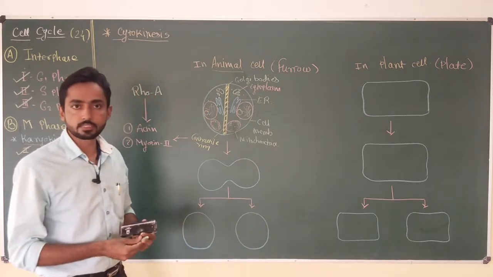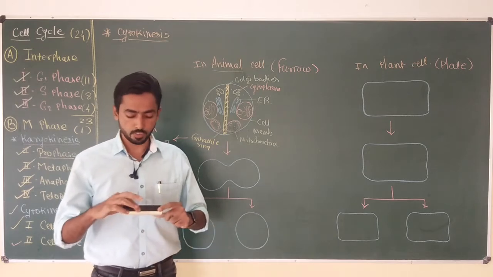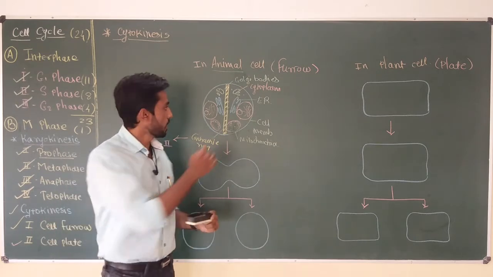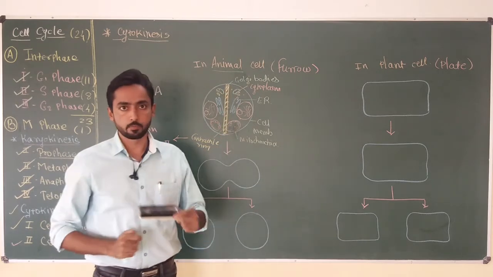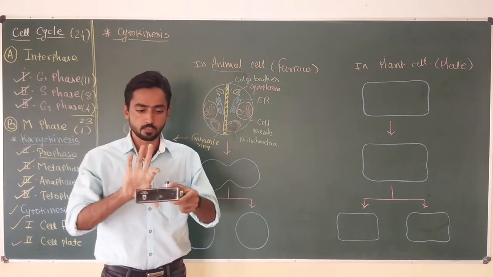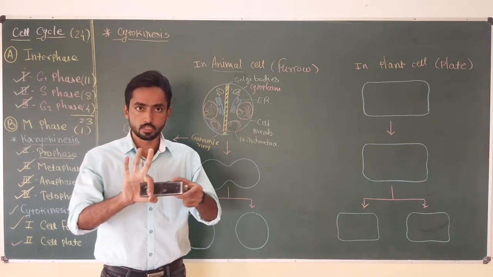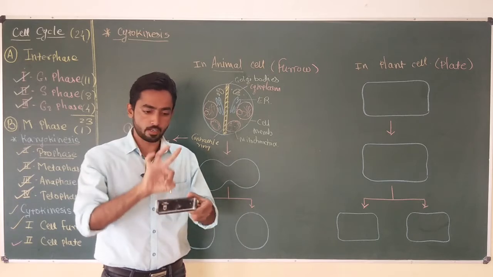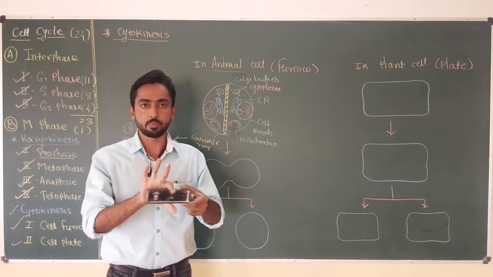The next stage is contraction of the contractile ring around the cell membrane of the cell. For example, this is the cell and this is the contractile ring. Now this contractile ring is going to contract around the cell membrane.